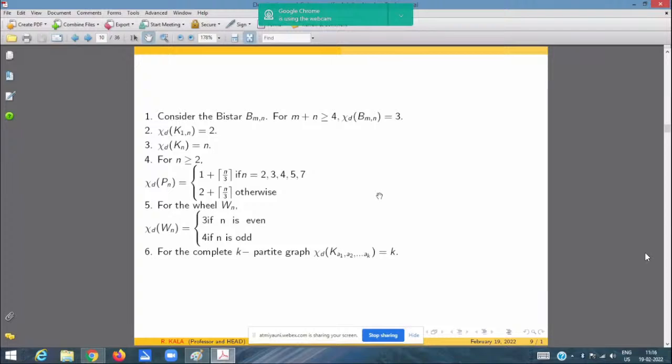That color class itself will take care of the dominator property, because any vertex on the outer cycle is adjacent to this vertex. So the remaining part is to color the vertices of the cycle. If the cycle is even, you need 2 colors, and if the cycle is odd, you need 3 colors. That number plus 1 gives chi D. So this is 2 plus 1 and this is 3 plus 1.